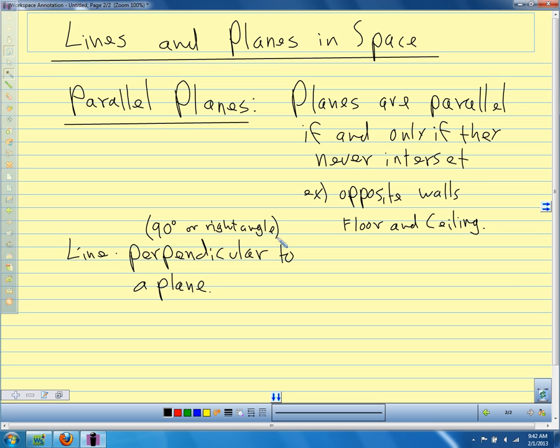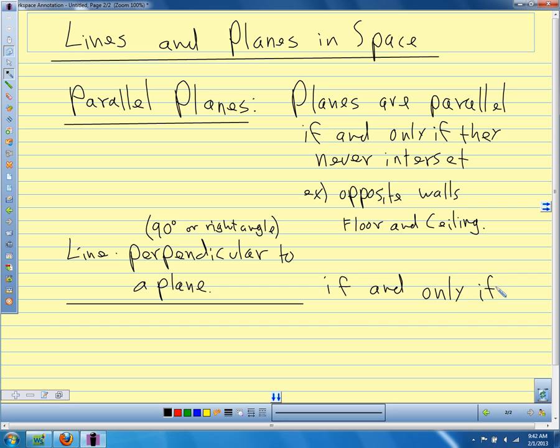We have to be a little bit careful with this one. So we're going to say a line is perpendicular to a plane if and only if, well, let me back up here.